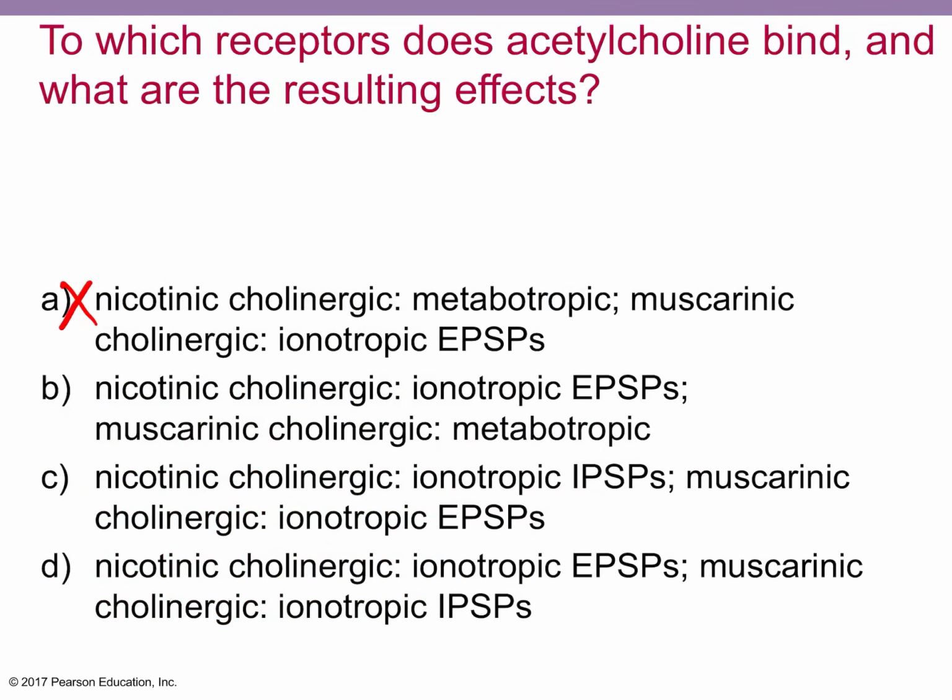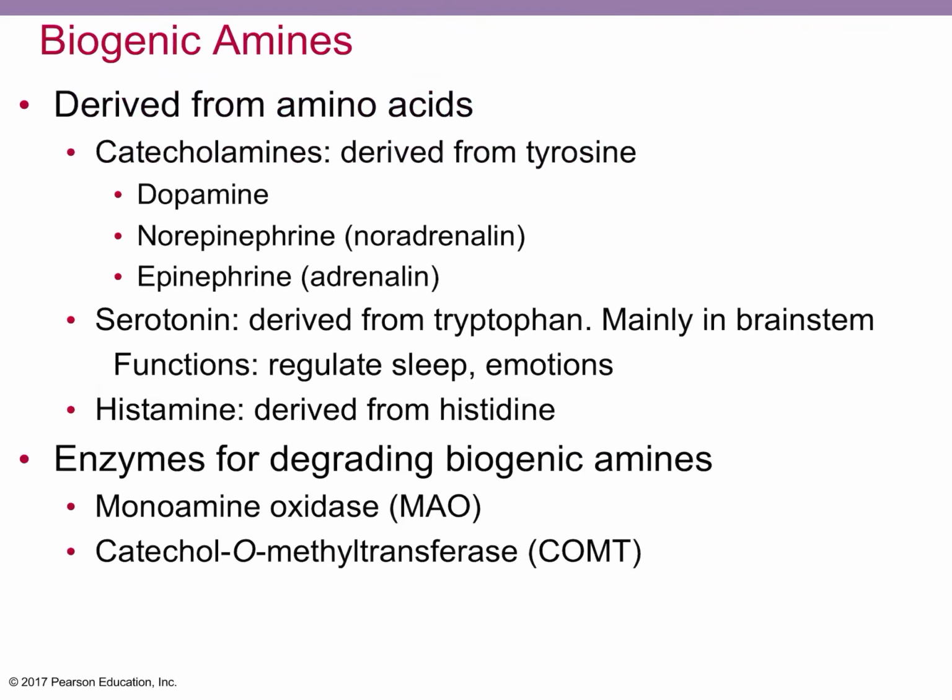That's incorrect, right? Nicotinic cholinergic is ionotropic, EPSPs; muscarinic cholinergic is metabotropic. That sounds right. Nicotinic cholinergic, ionotropic, IPSPs, nope, it's not inhibitory. Nicotinic cholinergic, ionotropic, EPSPs; muscarinic cholinergic, ionotropic, no. All right, so answer B is our correct answer.